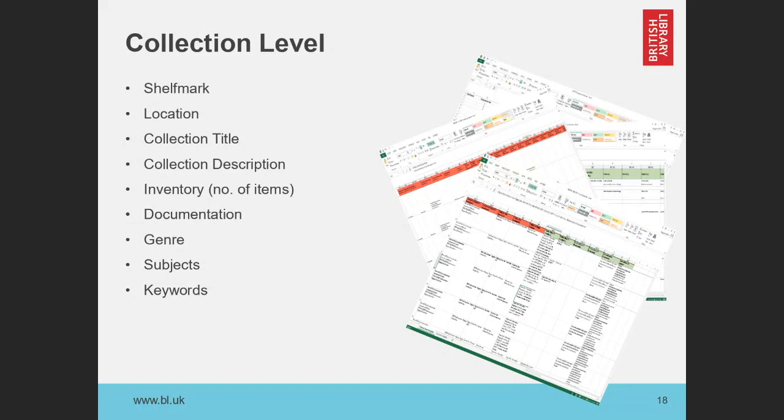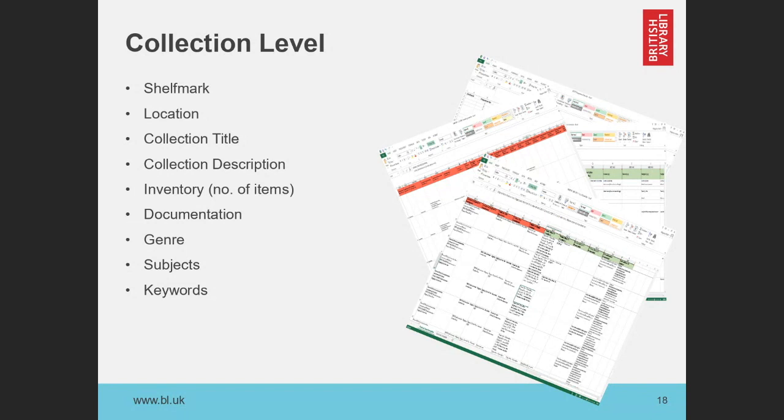A collection title, a collection description, which is just a brief overview of the collection, an inventory, which you could also know as the extent or medium. So for example, you'll say 10 compact discs or compact cassettes, 3 tape reels, something like that. Whether there's any existing documentation, again, this is just general for the collection.